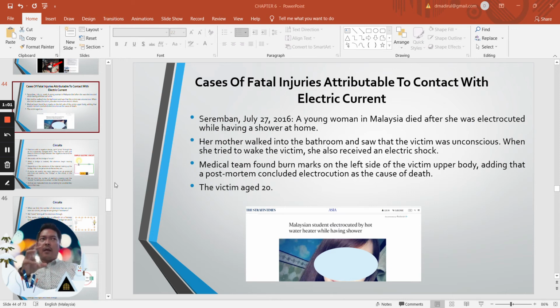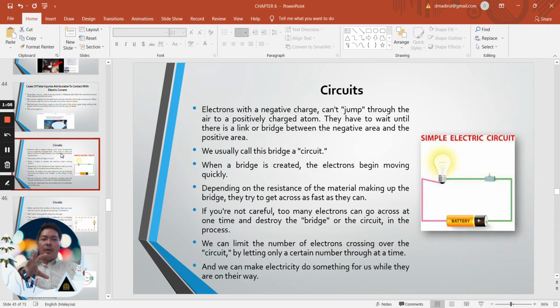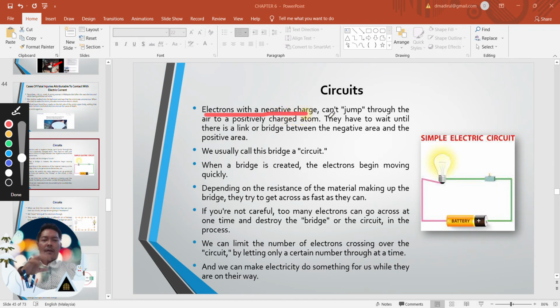So for this third mini lecture series, we will go through something that is normally associated with electricity, which is the circuit. Okay. So basically, an electron with a negative charge can jump through the air to a positively charged atom.